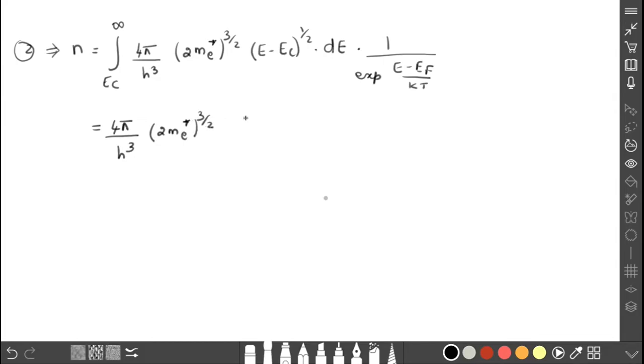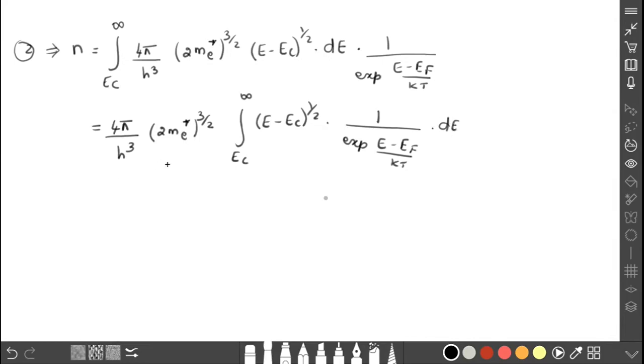After that I am going to introduce the integration part, EC to infinite, of E minus EC whole to the power of 1 by 2. dE I am going to write at the last. Next, 1 by exponential of E minus EF divided by KT, into dE, right?